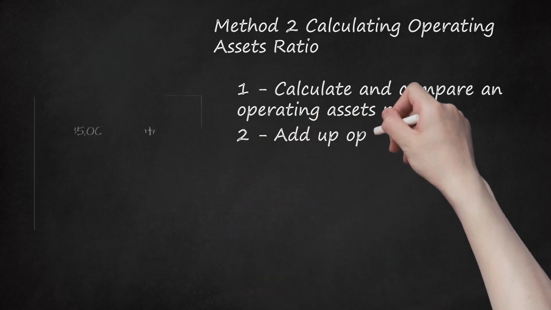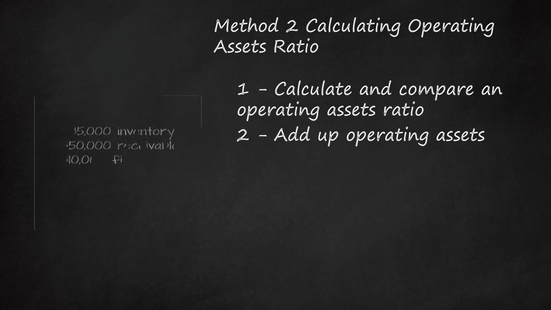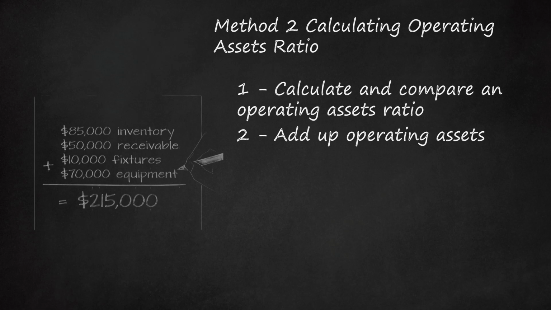2. Add up operating assets. These include inventory, accounts receivable, fixtures, and production equipment. Be sure to also include all non-production equipment, obsolete inventory, and overdue accounts receivable. Note that cash will not be used in this calculation.